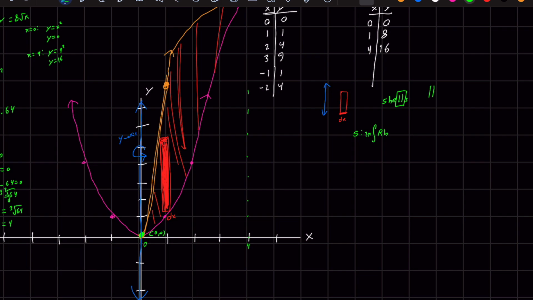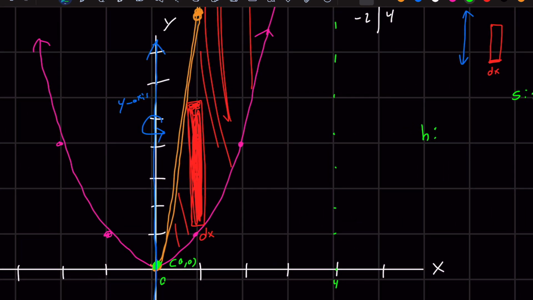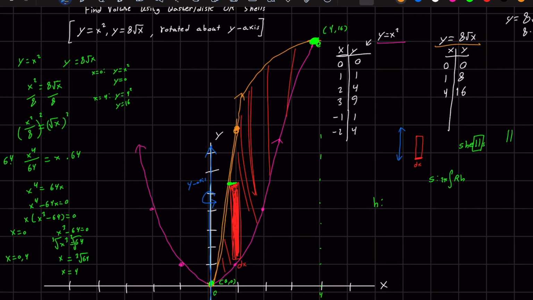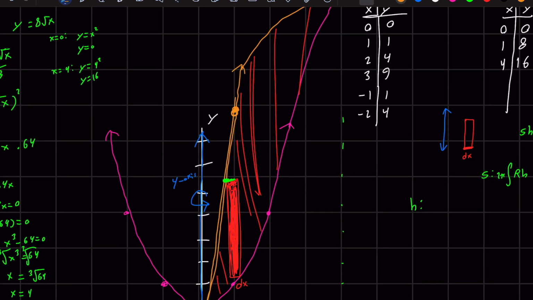Okay, first what I'm going to do is find the height of the rectangle. So look at your rectangle, look at the height of it. What does it touch at the top? Right here, you see it's touching this function, which is y equals 8 radical x.